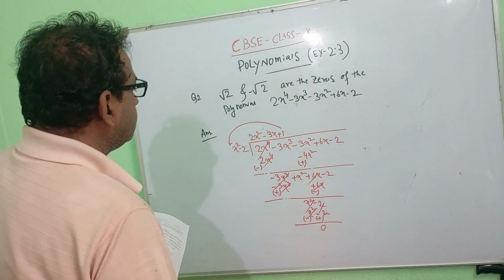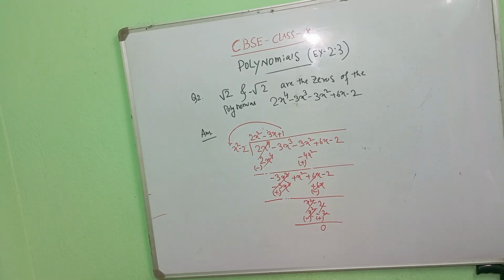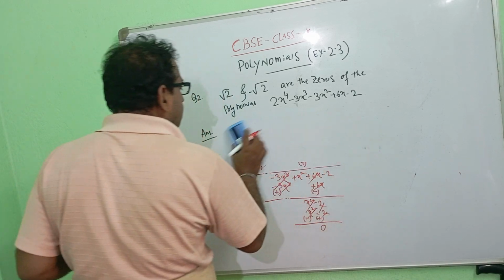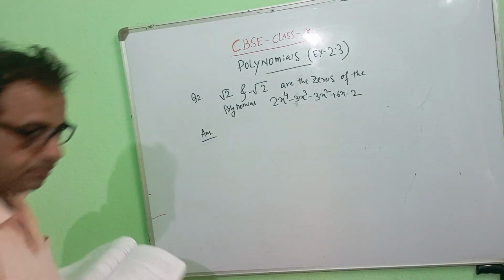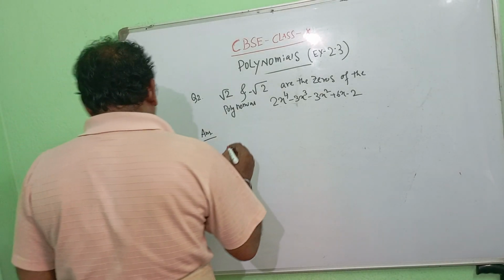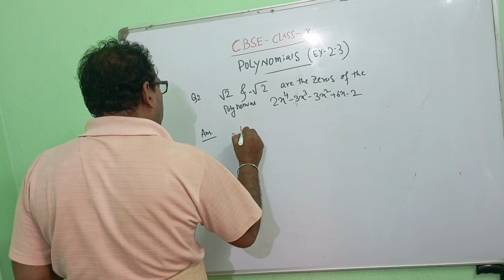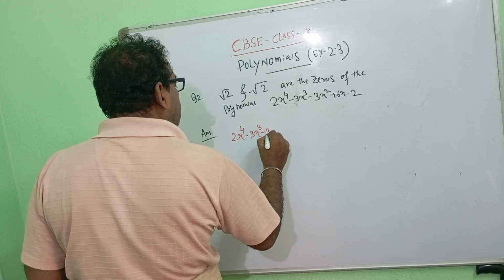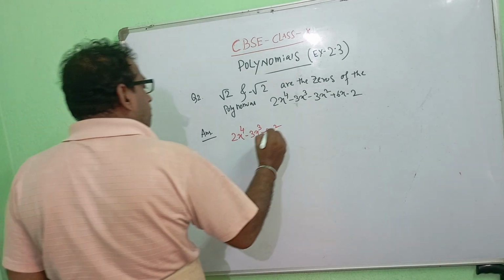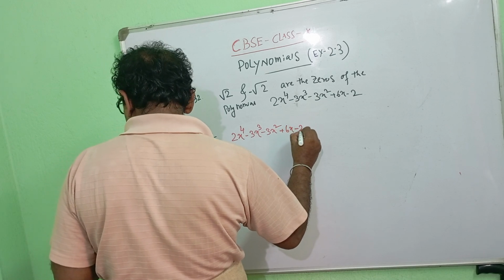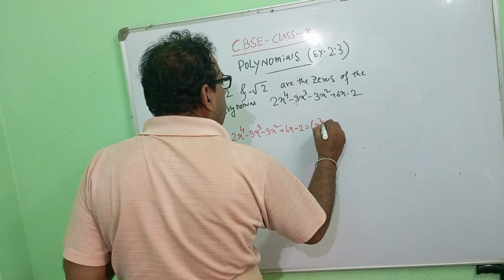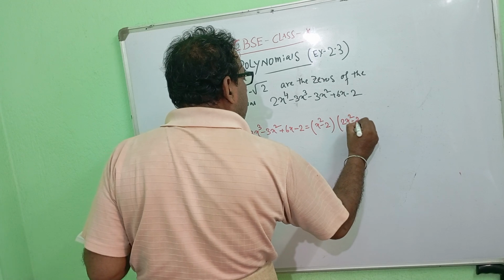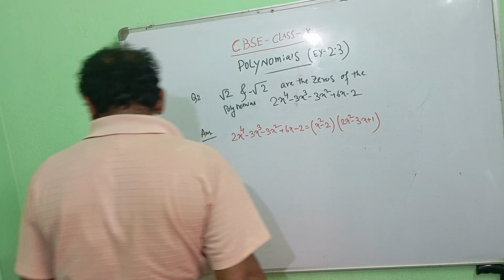So we can write this: 2x to the power 4 minus 3x cubed minus 3x squared plus 6x minus 2 is equal to x square minus 2 into 2x square minus 3x plus 1.